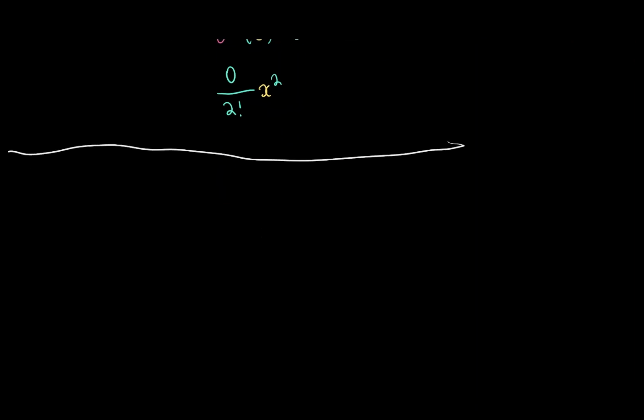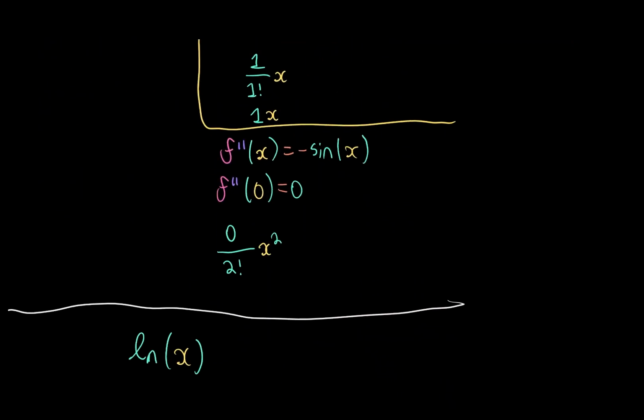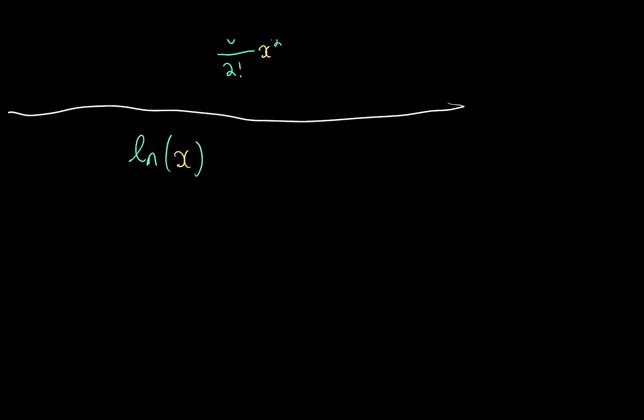So if I asked you to build a Maclaurin series of the function natural log of x, you would follow your normal steps, right? So you'd do that long list of things.